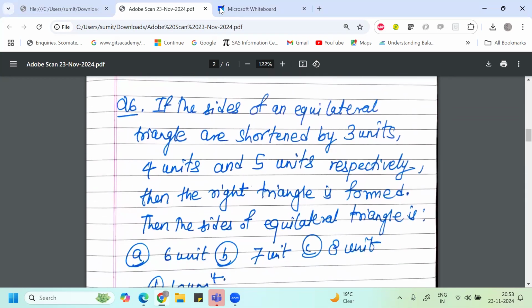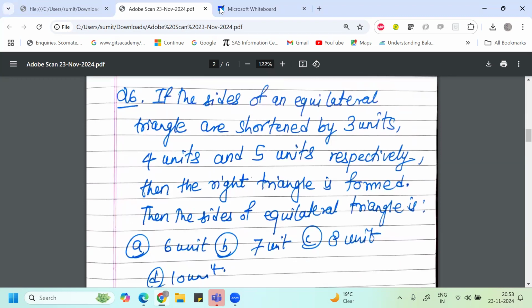This question number 6, this is one of the favorite questions for CA foundation exam students. I strongly suggest do this question with option. If I solve this question without option, then it will consume a lot of time. And I believe that you guys know what is Pythagoras theorem. What is an equilateral triangle, you know now? Equilateral triangle is a triangle where all sides are equal and each angle is equal to 60 degrees.